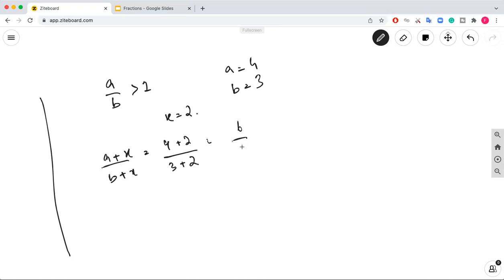So this will be 6 by 5. Now tell, a over b is greater or a plus x over b plus x is greater. 4 over 3. Yes. In this case, a over b is greater than a plus x over b plus x, right?